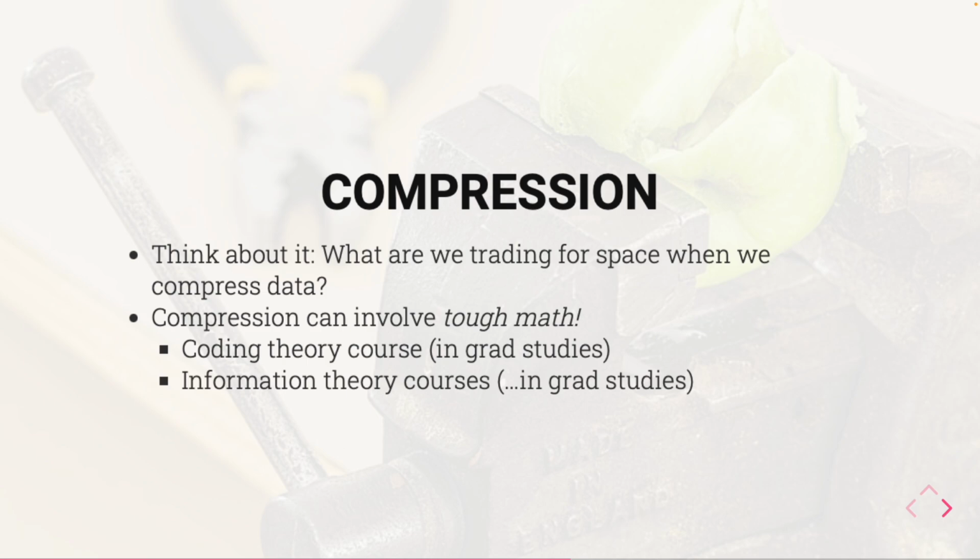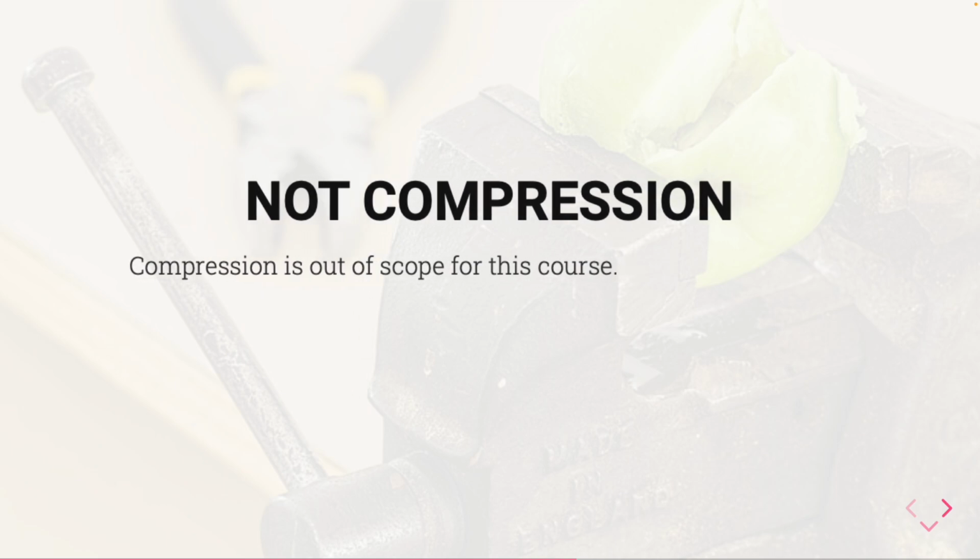Take grad studies if you want to learn more about this, I guess. I sure haven't. I've been focusing more on theory of computation and stuff, but I'm sure that information theory is an interesting path to go through as well. The actual compression algorithms are out of scope for this course. Of course, if you're curious, go read that article.